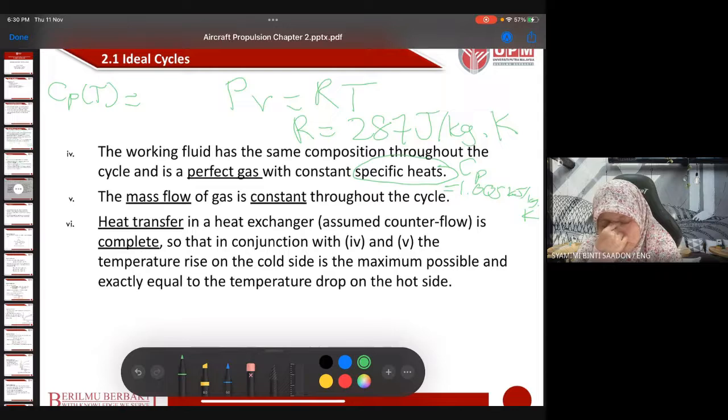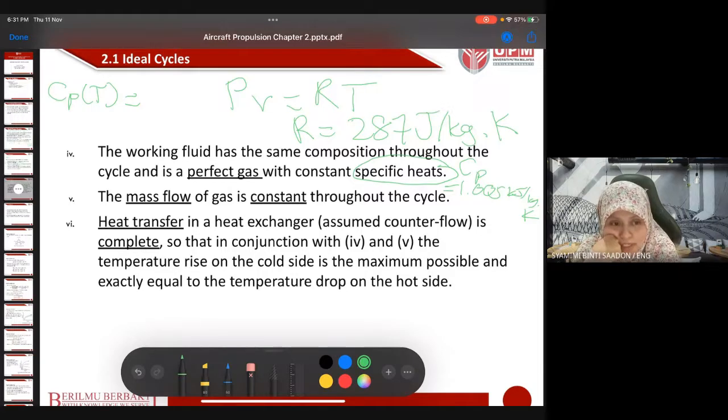The second one is conservation of momentum, which is Newton's second law, and that is where we get the thrust equation. Newton's second law: the sum of the forces equals ma, F equals ma. So that is derived from conservation of momentum. And the third one is conservation of energy, which is the first law of thermodynamics that we were talking about.